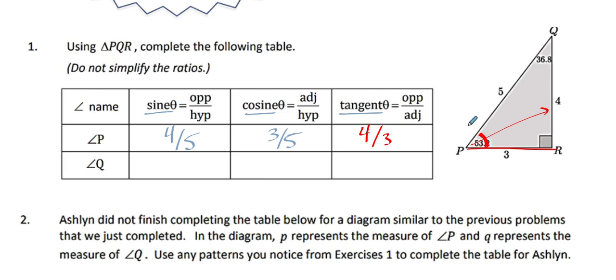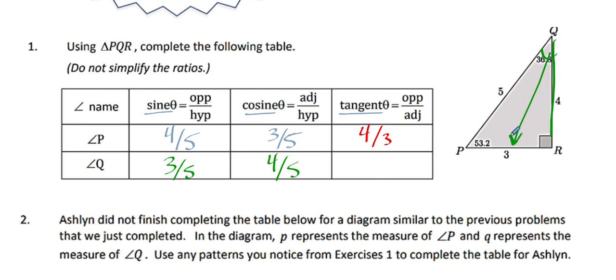That's angle P. Now I'm going to switch it to angle Q, and you'll see that it doesn't really change a whole lot. Using angle Q as my marked angle, the opposite side now would be 3. The hypotenuse would be 5. The adjacent side now is 4. The hypotenuse is still 5. And the opposite and the adjacent switch.